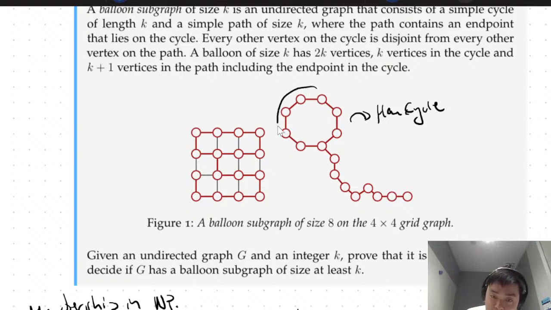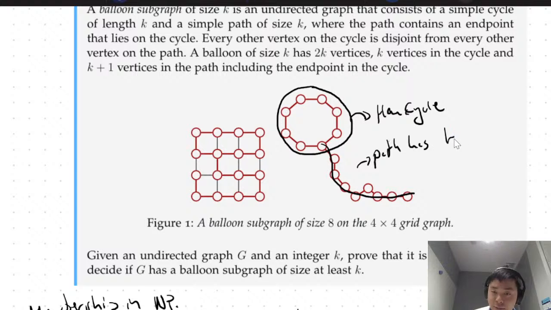If we know that this itself is a Hamiltonian cycle, then the path itself needs to have length n plus 1. In other words, we choose k to be n.